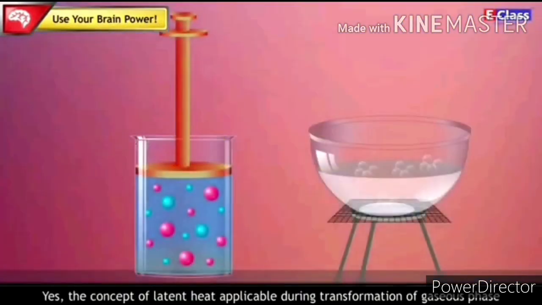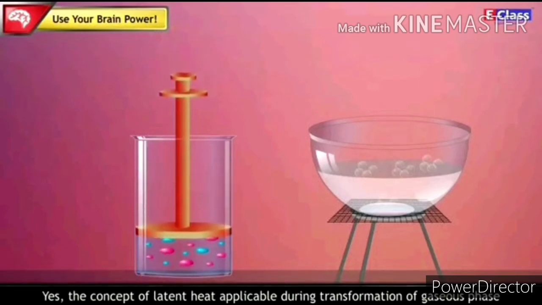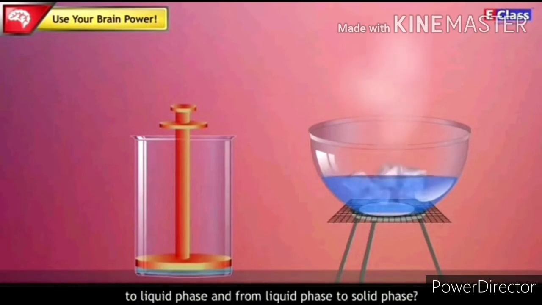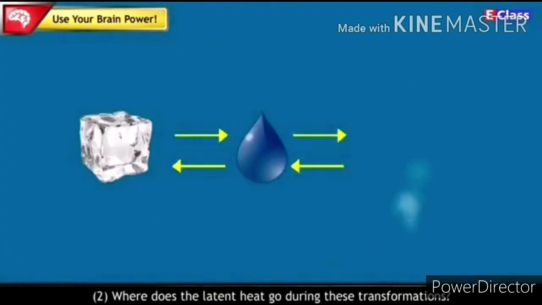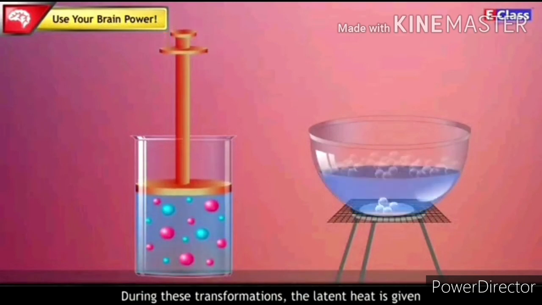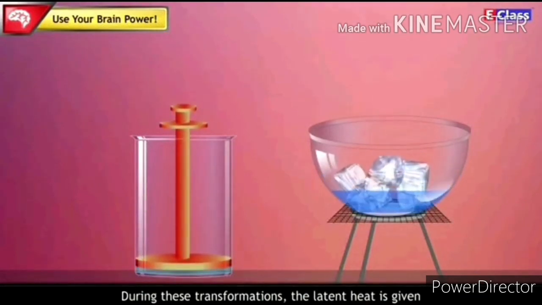Answer: yes, the concept of latent heat is applicable during transformation of gaseous phase to liquid phase and from liquid phase to solid phase. Where does the latent heat go during these transformations? During these transformations, the latent heat is given out by the substance to the surrounding.